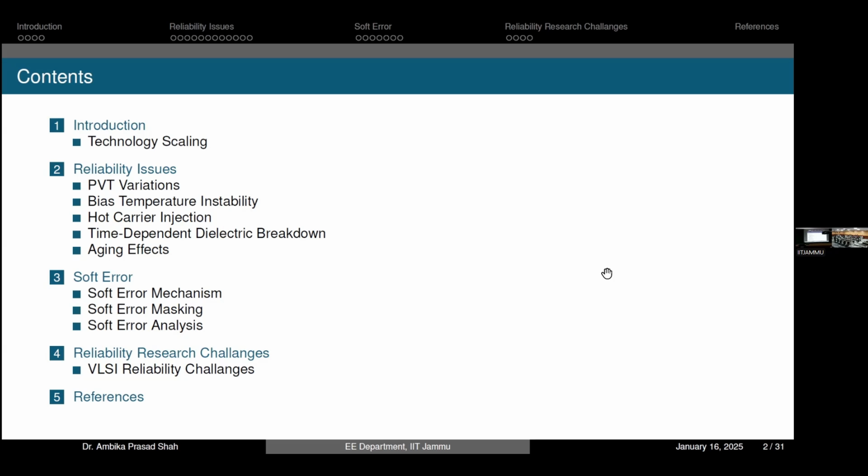Then I will tell you, for any reliability concern at each abstraction level, how it matters, how it is impacting, and which parameter changes at the device level, the circuit level, the system level, or the architecture level.